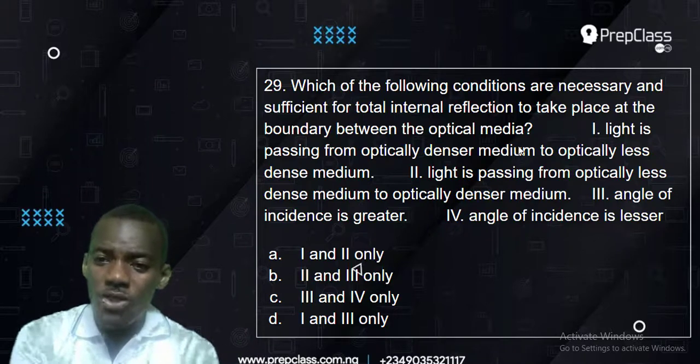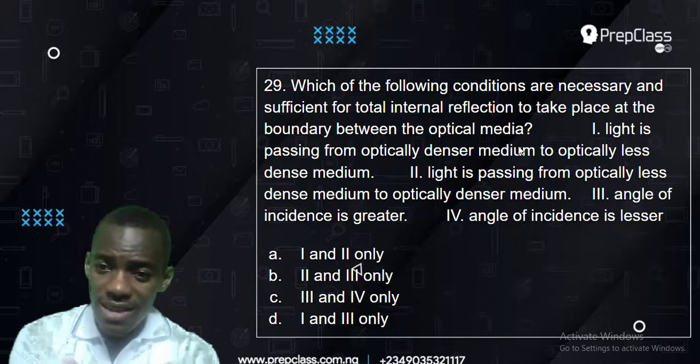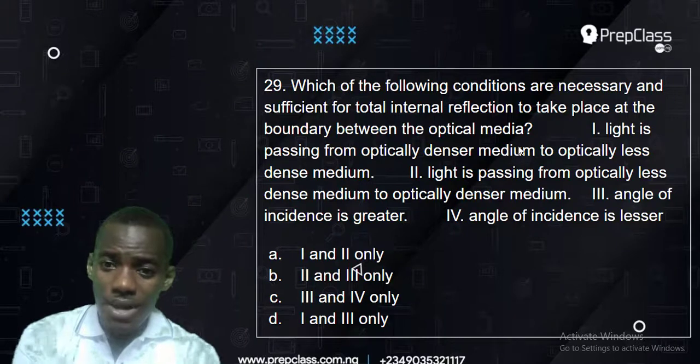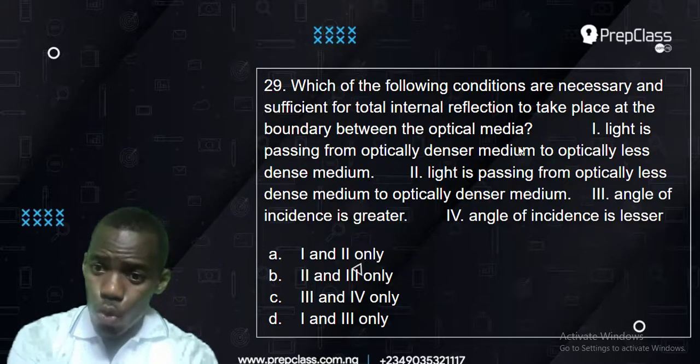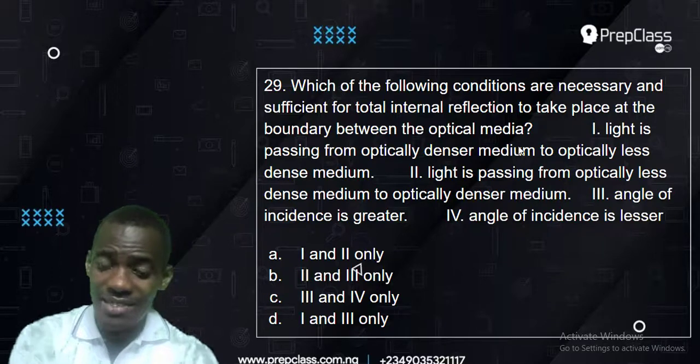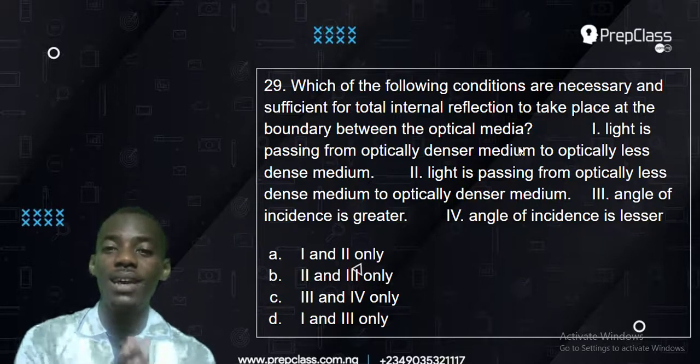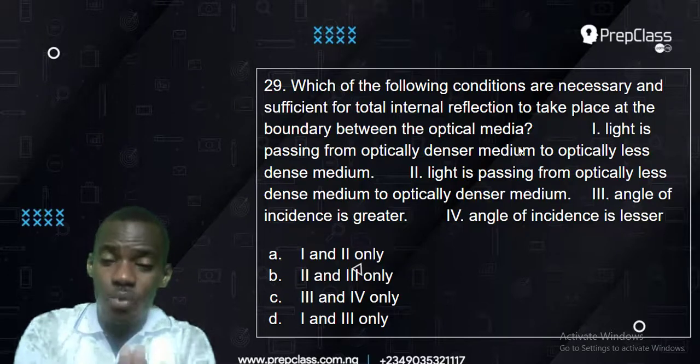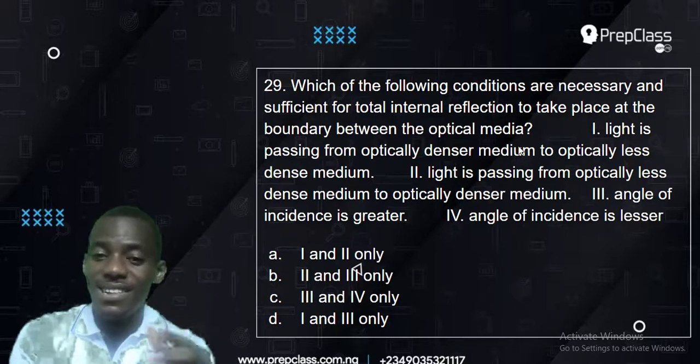Now, the first option, that is a condition that says light is passed from optically denser, that's water, to optically less dense, that is air. So if you are in the water, it flows from a denser medium, that's water, to air, that is less dense.